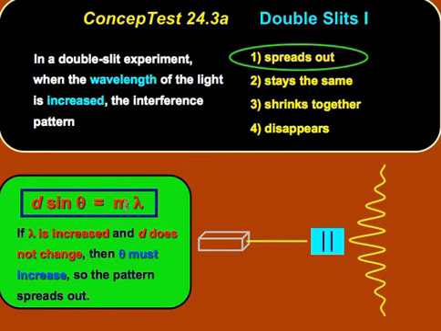If the wavelength of the light gets bigger, but the distance between the slits d stays the same, then the only way for that to happen is for theta to get bigger, which means that the pattern must spread out and the distances between those peaks must get larger and larger as the wavelength gets larger.